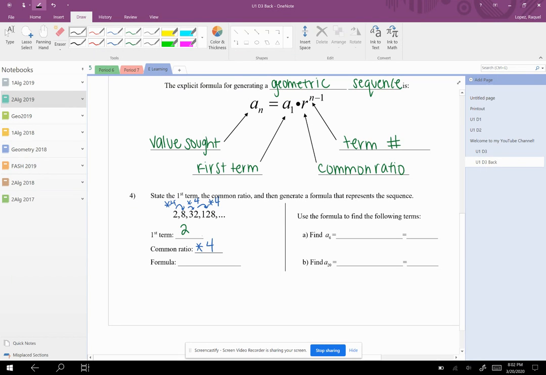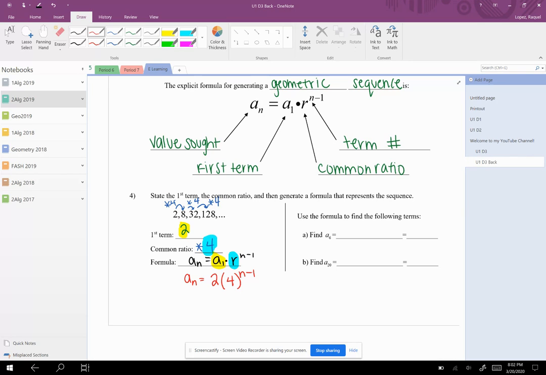So our formula is A sub n equals A sub 1 times R to the n minus 1. So I'm going to plug in 2 for A sub 1 and 4 for R. So what your formula is ultimately going to end up looking like is 2 times 4 to the n minus 1. Again, it's an exponential sequence.